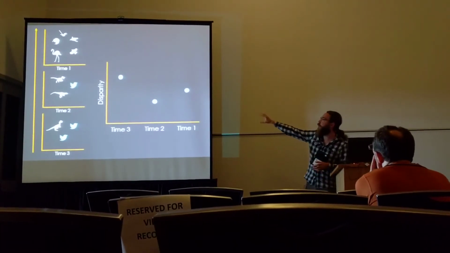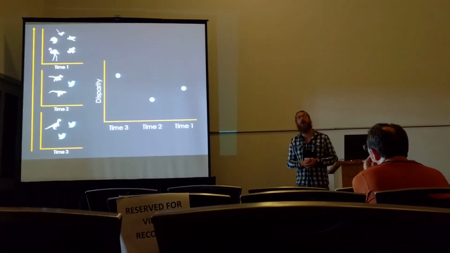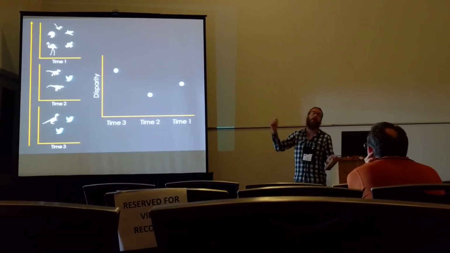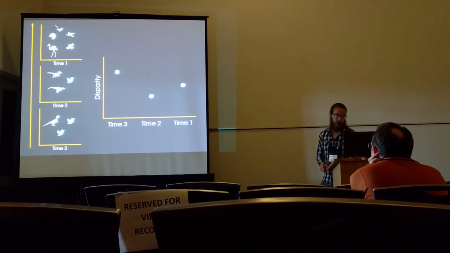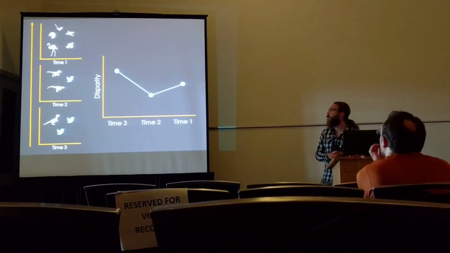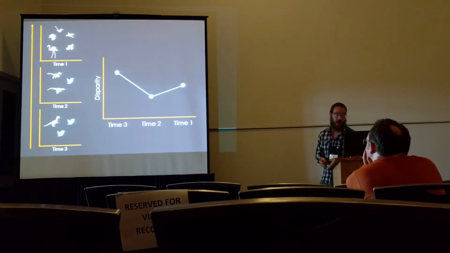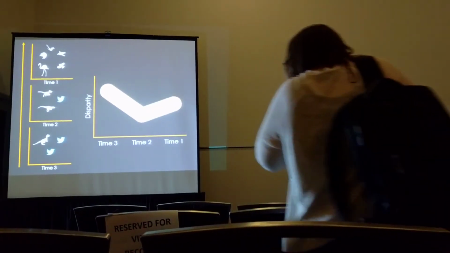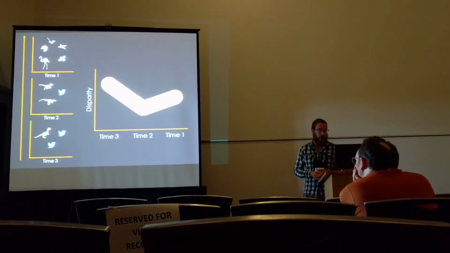So again, you have to imagine these points as more of a distribution than points, but maybe distributions seen from above, so with some confidence interval, etc. You can then interpolate your disparity between your time points and add some confidence intervals on that to have results.